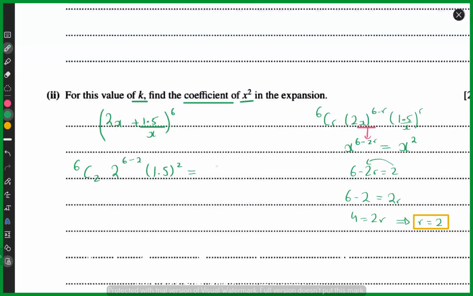And this is going to give you 540. Yes, this is going to give you 540. This is the correct answer.